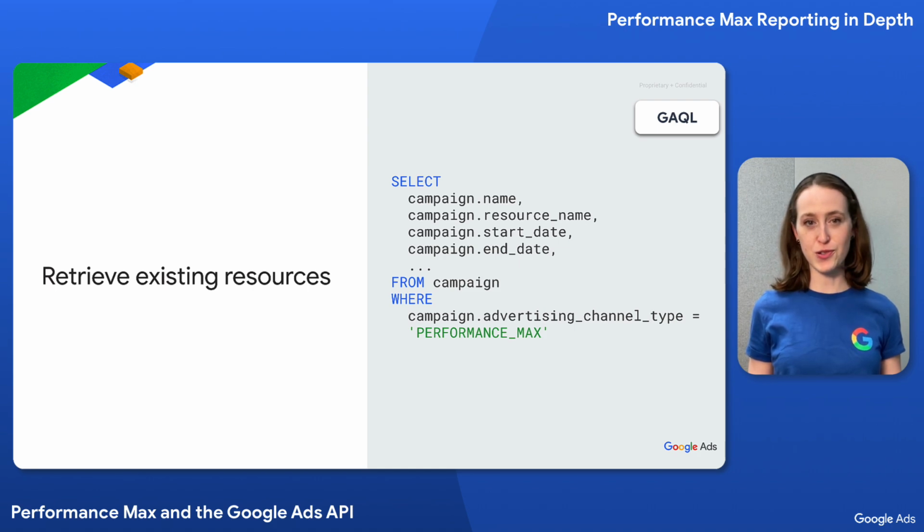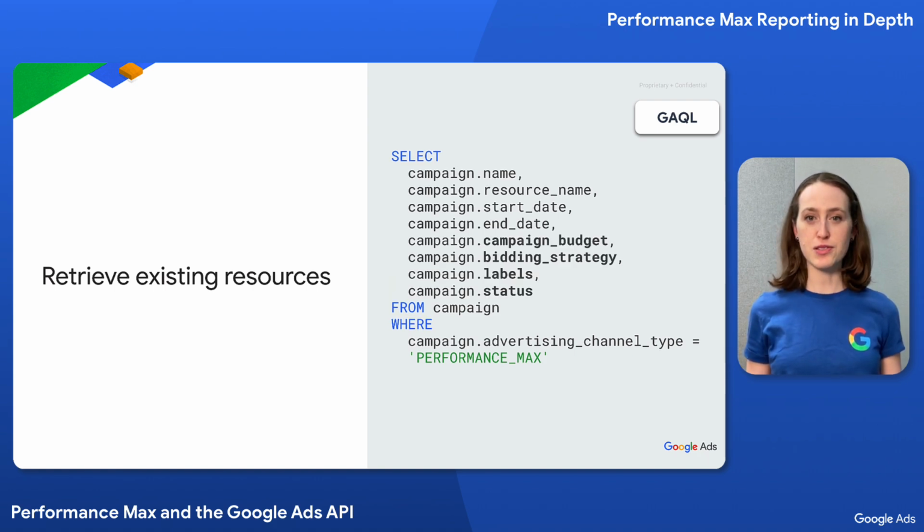As a primer for those who haven't used reporting in the API before, you can send this query to the Google Ads API in a GoogleAdsService.SearchStream request. This query selects some basic fields, the campaign name, the resource name, which uniquely identifies the campaign, and the start and end date. There's a number of other fields you might want to select to get information about your campaign, depending on your application logic.